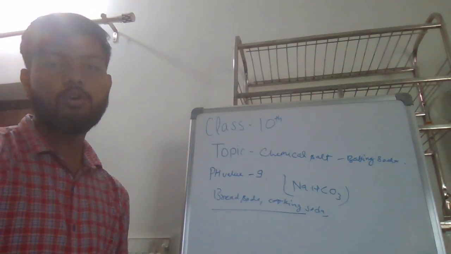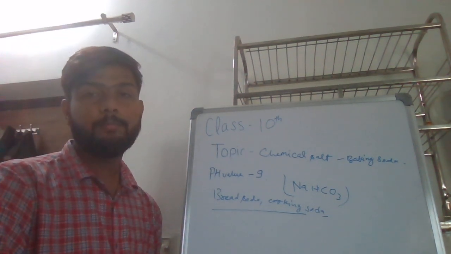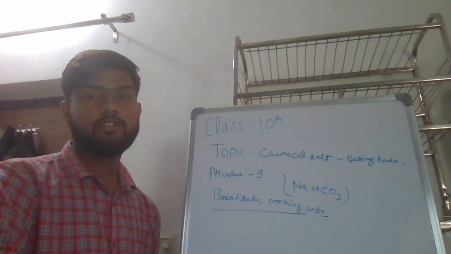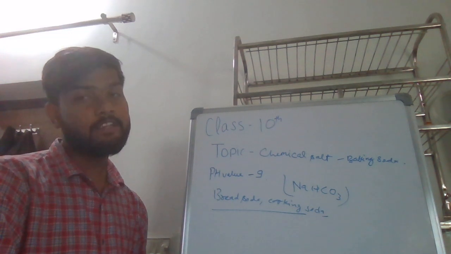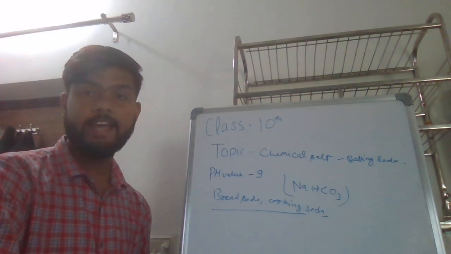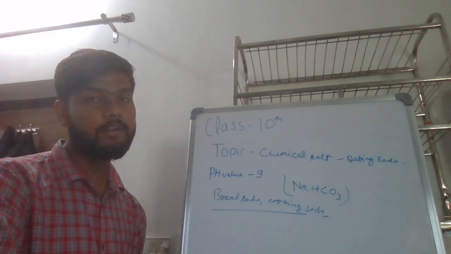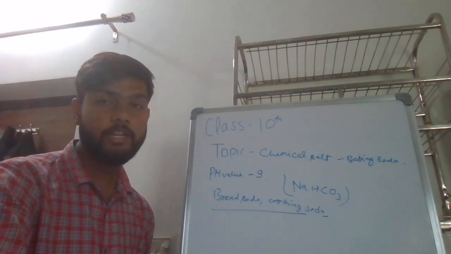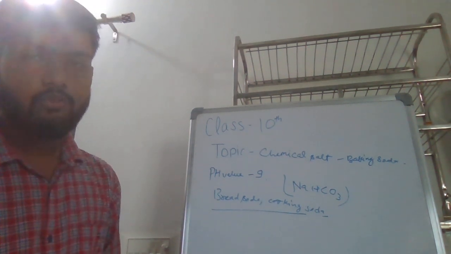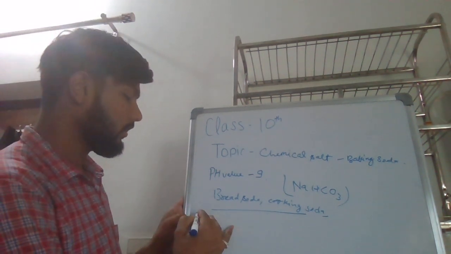Okay, so here we will come to know the preparation method. Baking soda is obtained by the reaction of brine with carbon dioxide and ammonia.